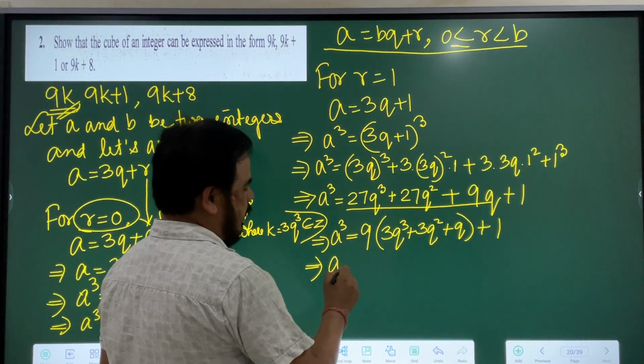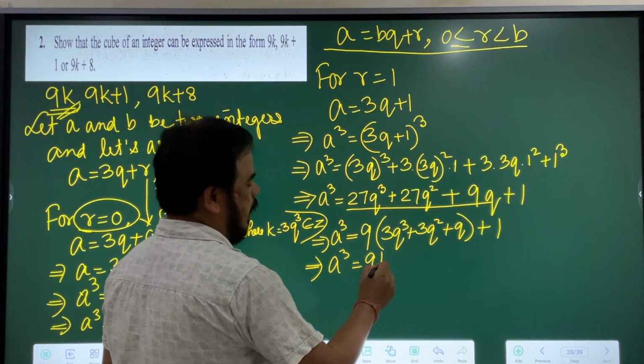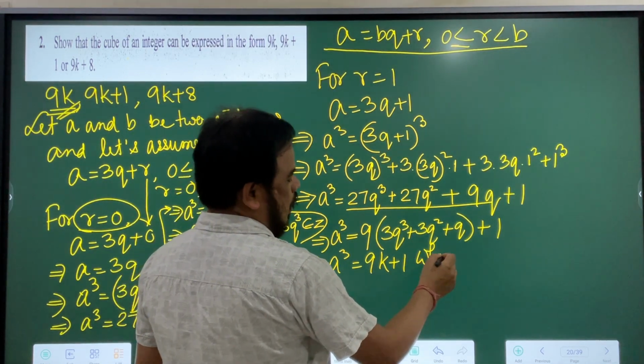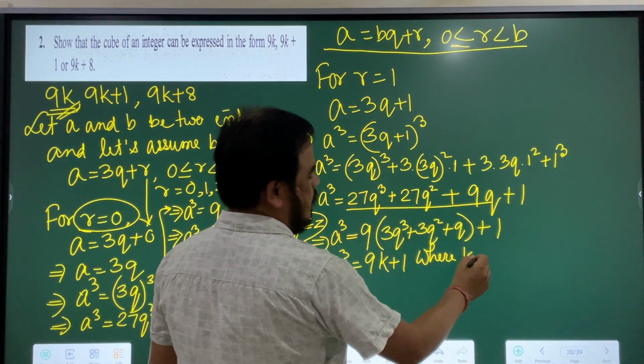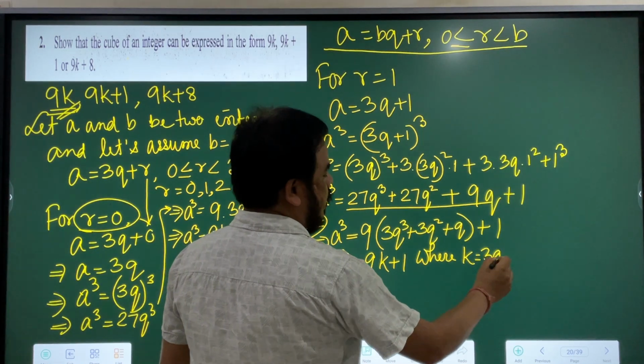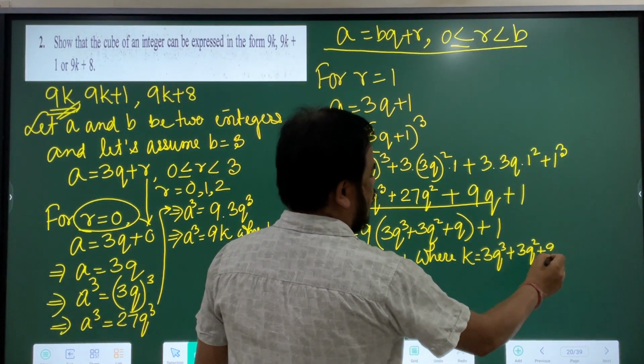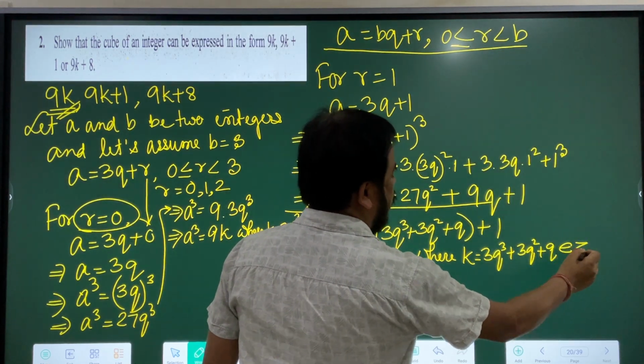So directly we can write a cube is equal to 9k plus 1, plus 1 only, where k is equal to 3q cube plus 3q square plus q, which belongs to Z.